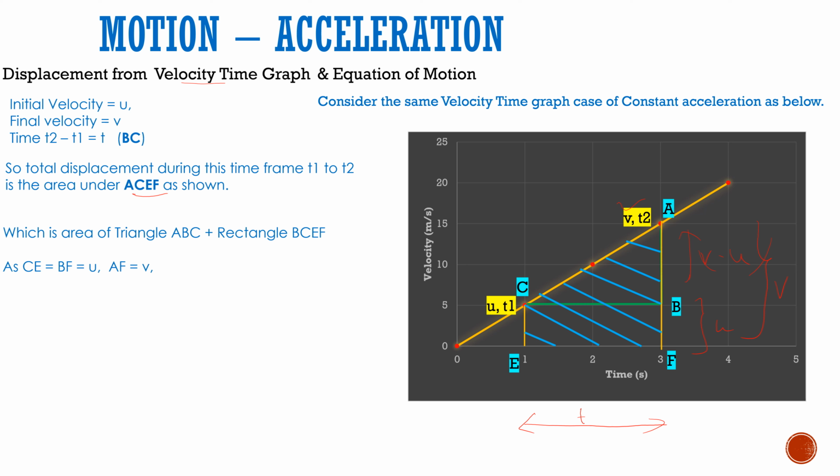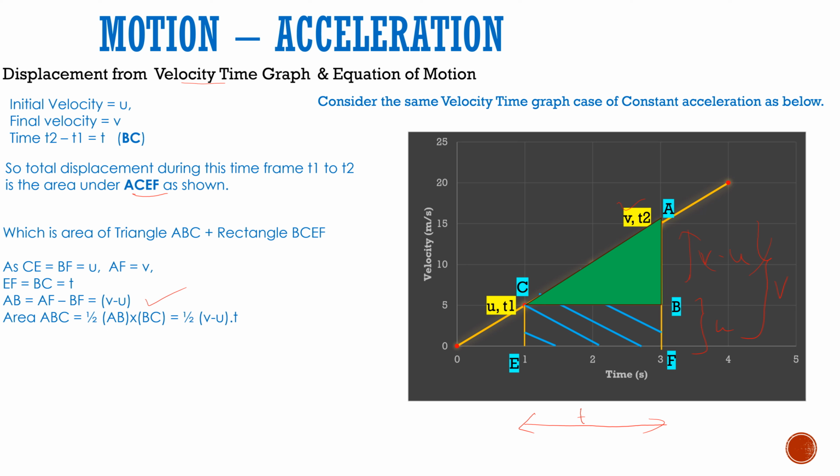So we already know BF equal to u. Now time is also known. This is v minus u, as we already know, and this part is AB. So the area of this triangle is half into AB into BC, which is nothing but half into v minus u into t.